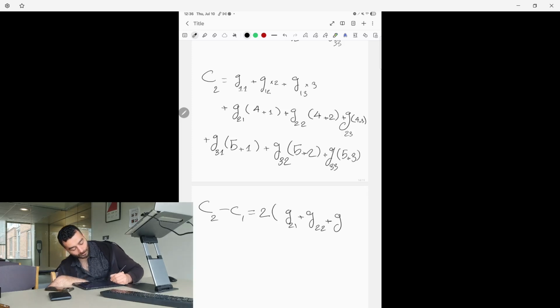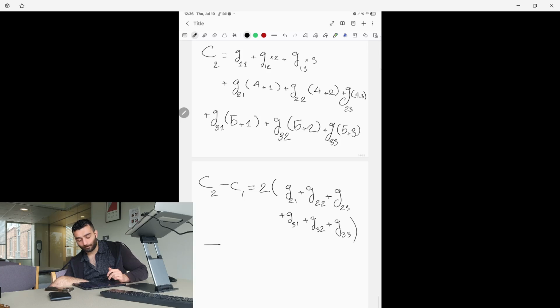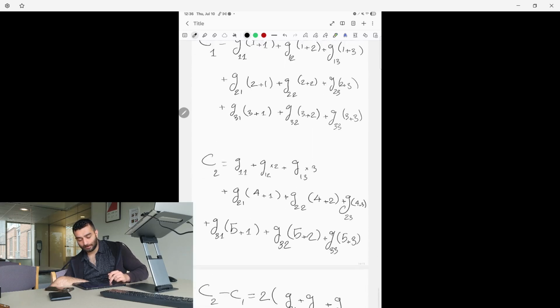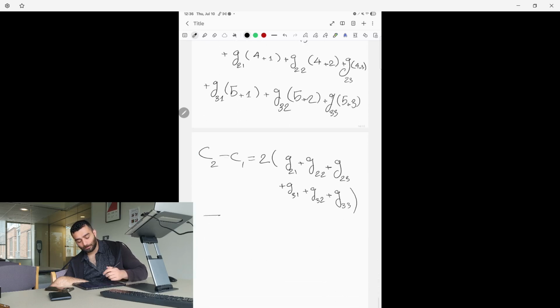For this portion of the users, we are adding to the cost. Minus the cost that we lose, which is the layer cost for bag 1, G11 plus G12 plus G13.